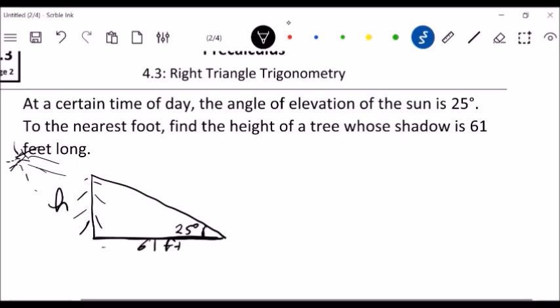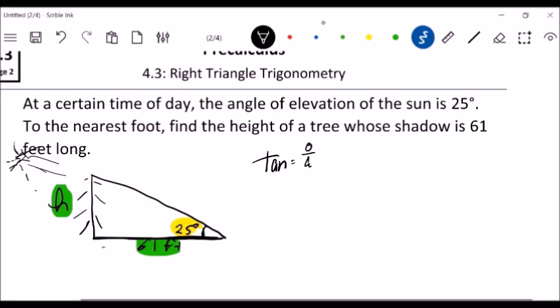So what we look at is the fact that for this angle 25, we have the opposite over the adjacent. The opposite is across from the angle, and the adjacent is next to it, and it's not the hypotenuse that's involved there. So if we remember that tangent of an angle is the opposite over the adjacent.